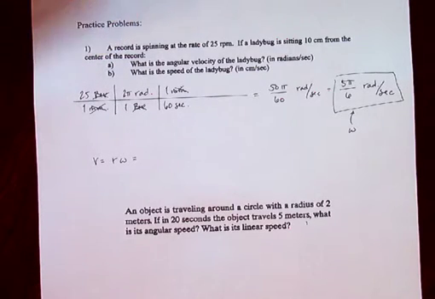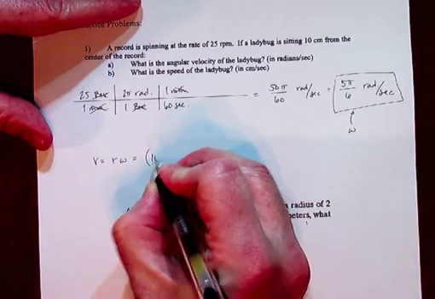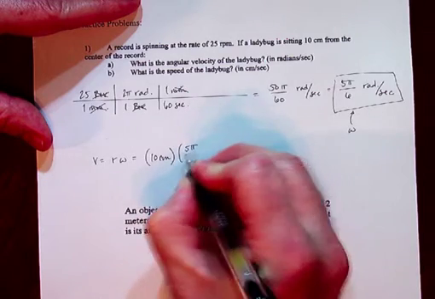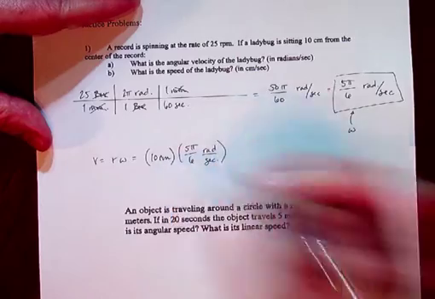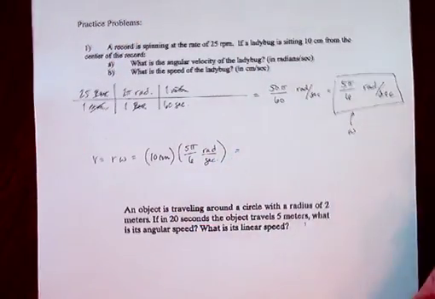Now, it doesn't tell us the radius of the record, but I'm not really worried about how fast a point on the edge of the record is revolving around. It tells us how far the ladybug is away from the center of the record as it's spinning, and that, of course, is our radius. So 10 centimeters times 5 pi over 6 radians per second, and thankfully it's also in seconds, so we don't have to do any fancy conversions.